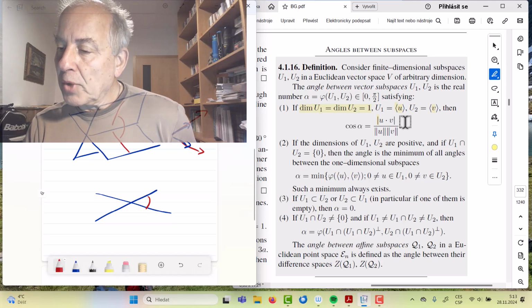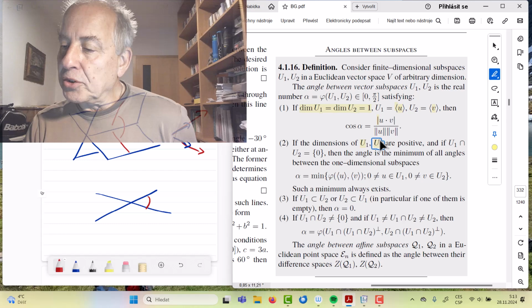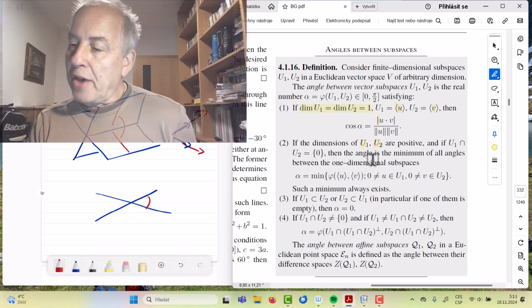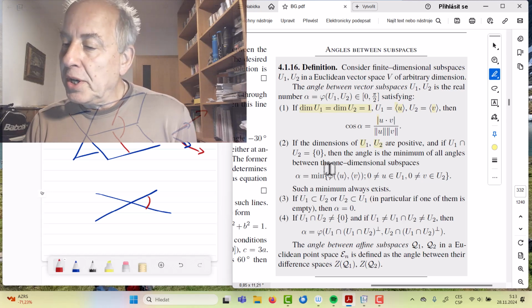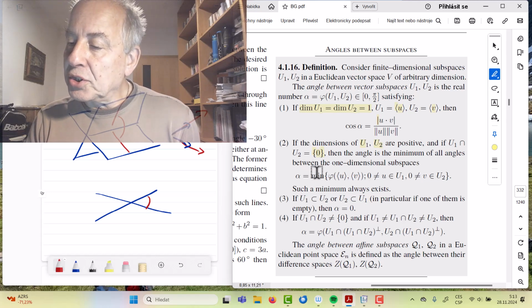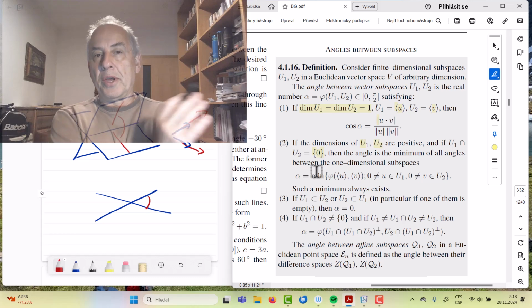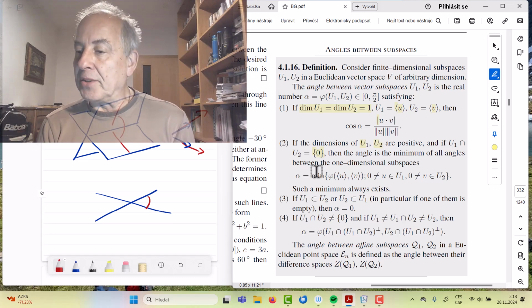Now, if both of the vector spaces have positive dimensions, so you have just 2 subspaces, but their intersection is just 0, so they are independent, right? So there is no vector in the intersection but 0.